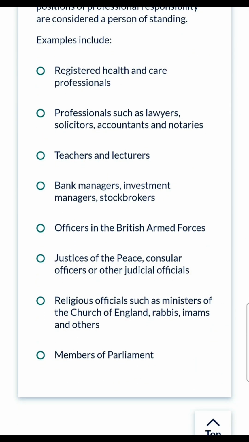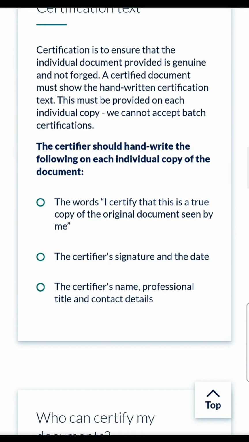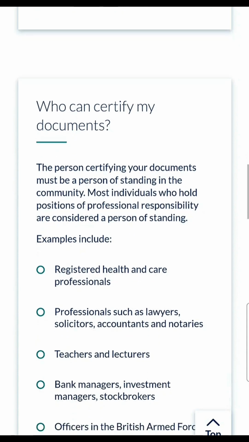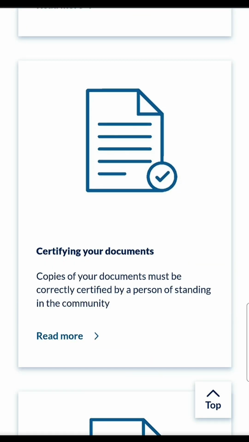It would be very good if they have their name on the stamp, but if not, let them just follow the instruction given: the signature and date, the name, professional title and contact details. That is what is needed to certify your document.